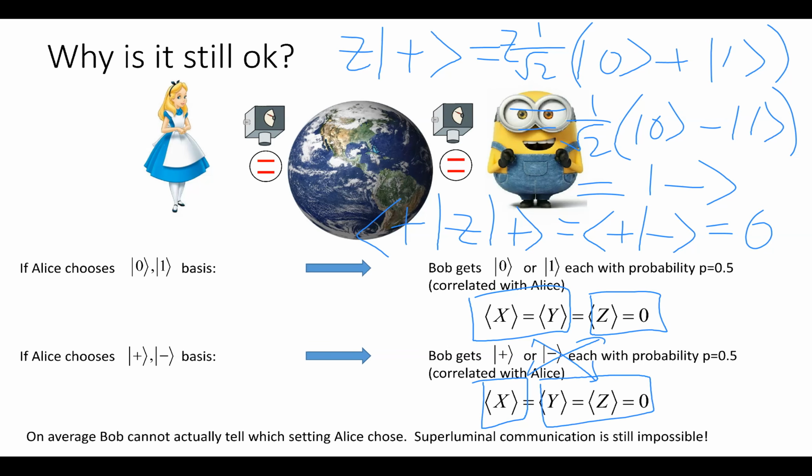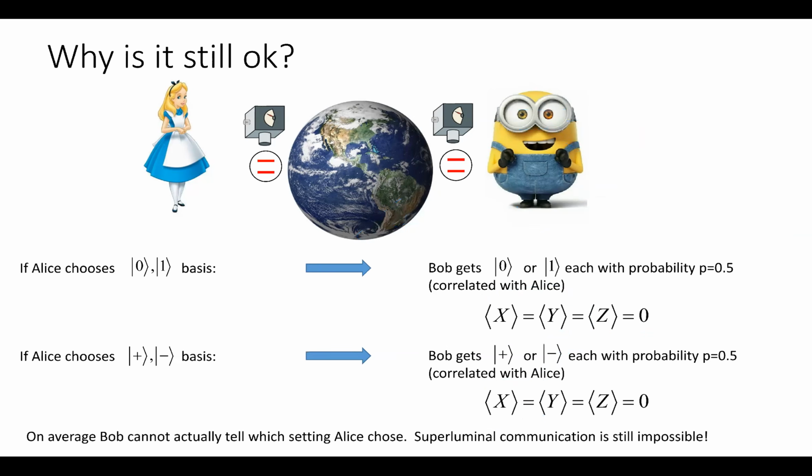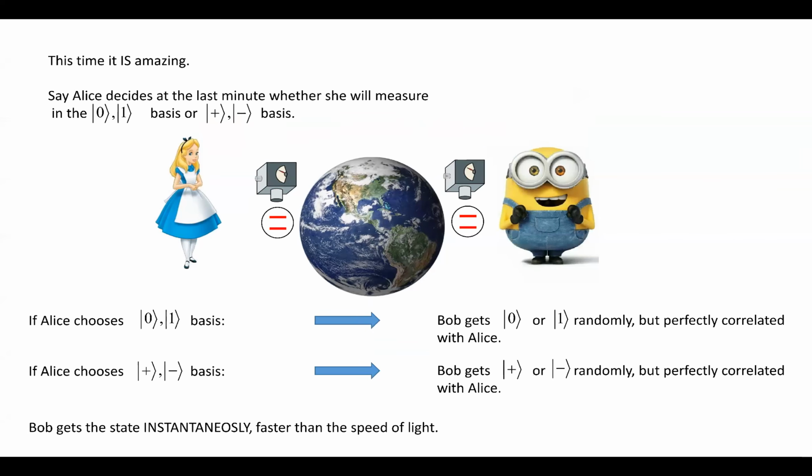everything is 0, and so Bob actually, even though maybe there's an interpretational aspect to it, at least in this Copenhagen type of interpretation, even though physically what really happens is that Bob will either get 0 or 1 or plus minus, and even though those are physically different states, somehow because of the randomness, Bob just cannot tell the difference which one happens, and basically you cannot do superluminal communication in the end.